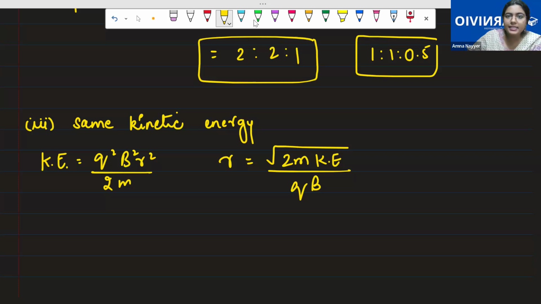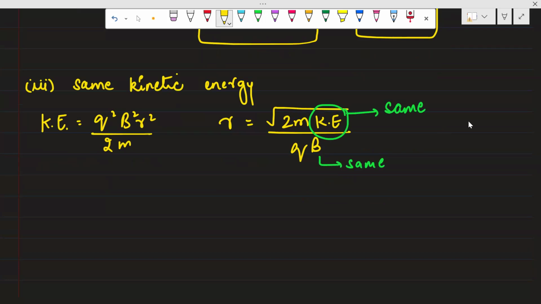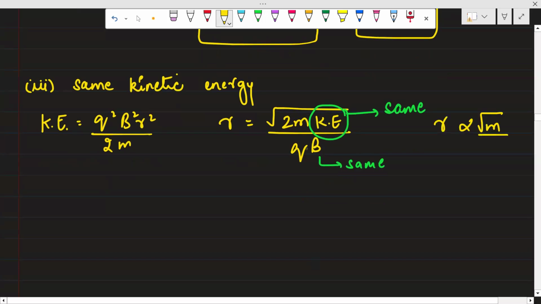Now the question says the kinetic energy is the same. The magnetic field is also the same. Root 2 will be common in all of it, so root 2 will also be cancelled. So the radius is directly proportional to the root of the mass, divided by the charge.